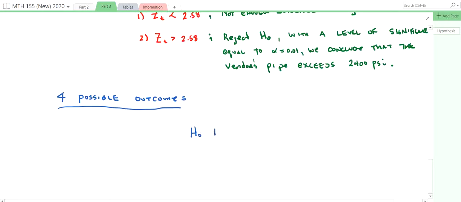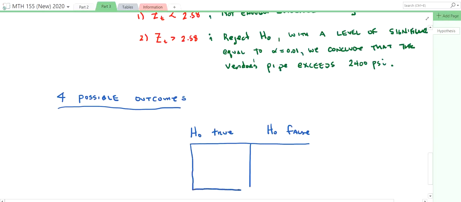The null hypothesis might be true. The null hypothesis might be false. So we have these 2 ideas with the null hypothesis. Like I mentioned above.